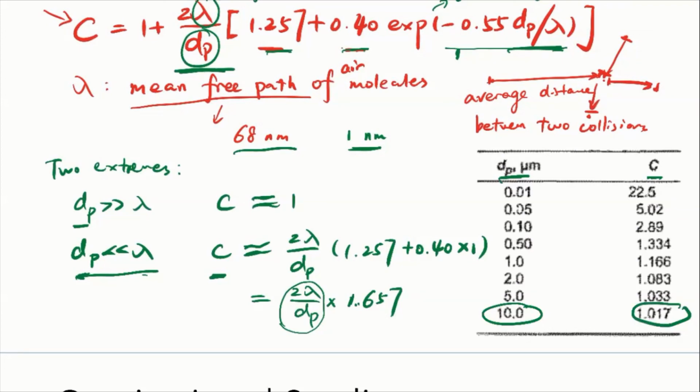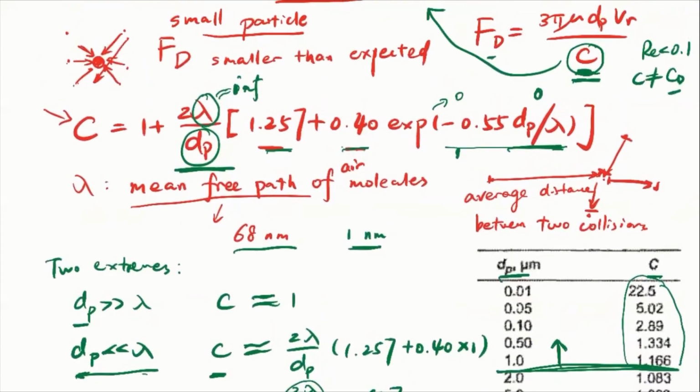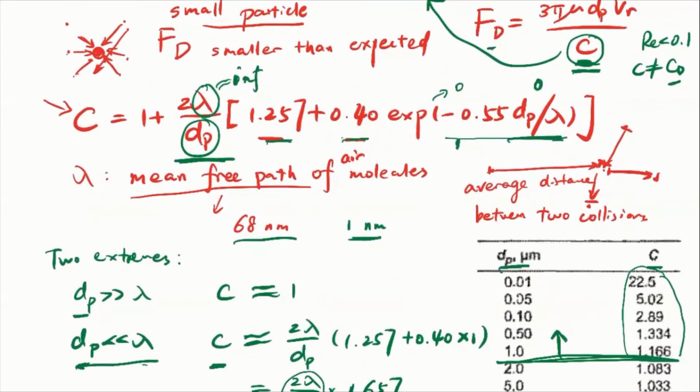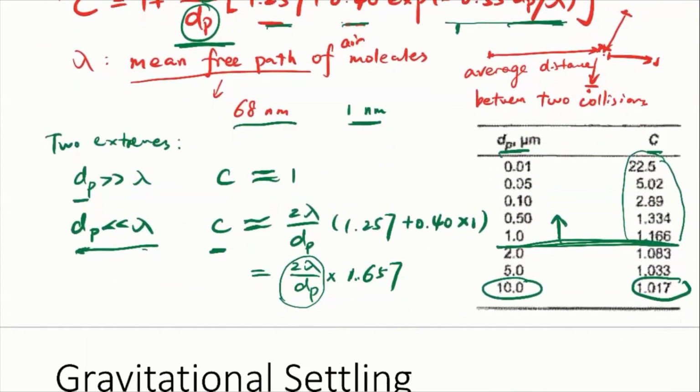Only when the particle size is below 1 micrometer can you start to see that C becomes larger and larger. And this is going to affect our calculation for the drag force. You'll get more practice on this problem in your homework.